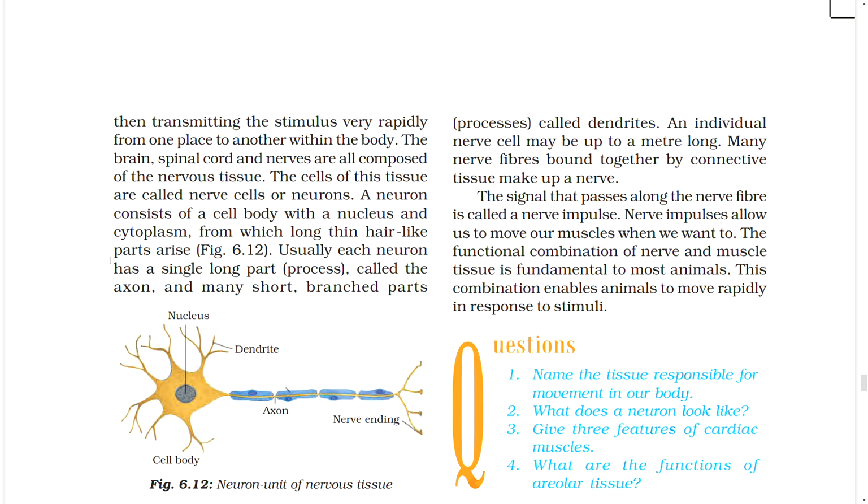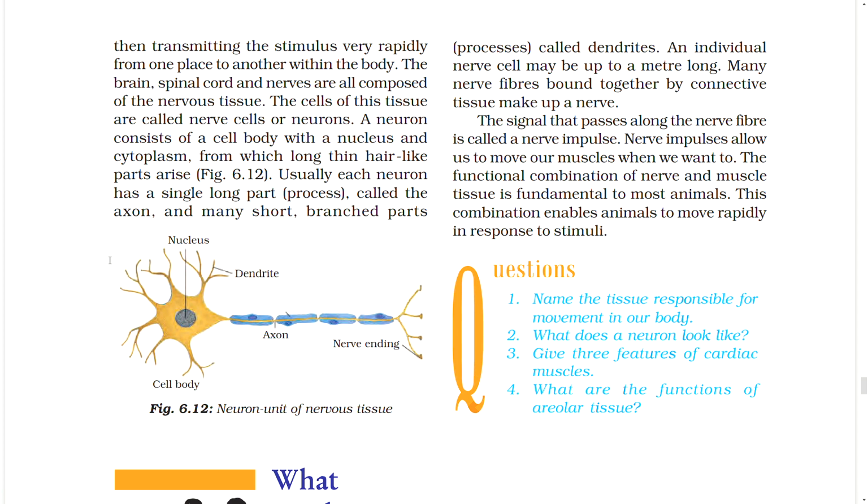Many nerve fibers bound together by connective tissue make up a nerve. The signal that passes along the nerve fiber is called a nerve impulse. Nerve impulses allow us to move our muscles when we want to. The functional combination of nerve and muscle tissue is fundamental to most animals. This combination enables animals to move rapidly in response to stimuli.